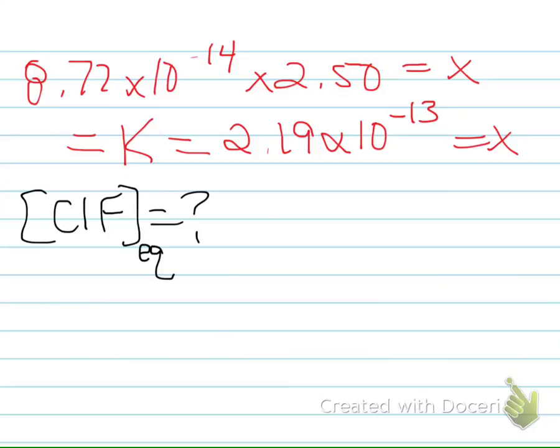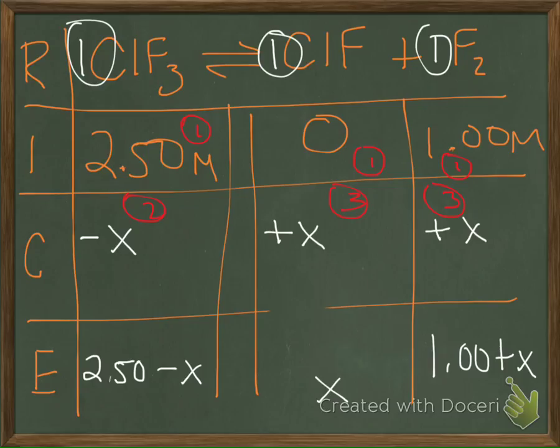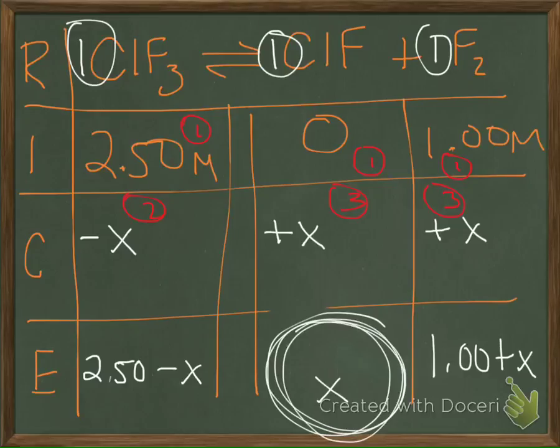at equilibrium. And so if we take a look back at our RICE table, going back two pages, if we take a look back for ClF in our RICE table at equilibrium, we can see that x is the value that we need for equilibrium of ClF. So it's not 2 times x, it's not x minus something or something minus x, it's just x.